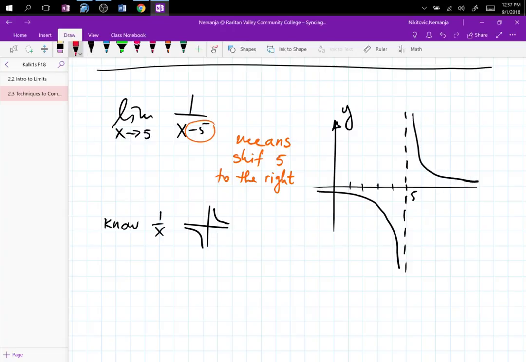Now, Juliet is going to walk towards 5. She's going to walk down the line, and she's going to fall off the graph to negative infinity. So the limit of 1 over x minus 5 as x goes to 5 minus, which is from the left, is giving us negative infinity as the answer.